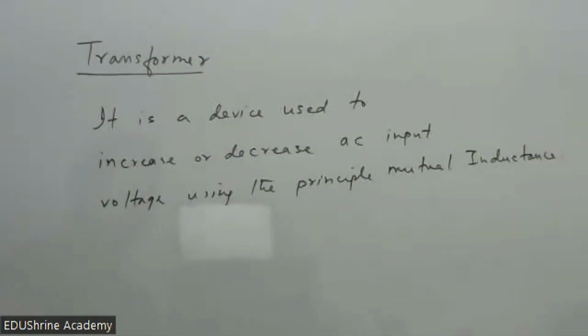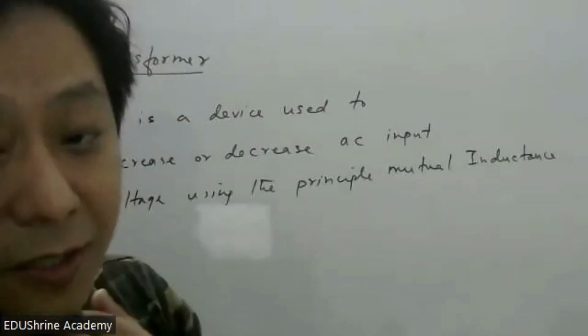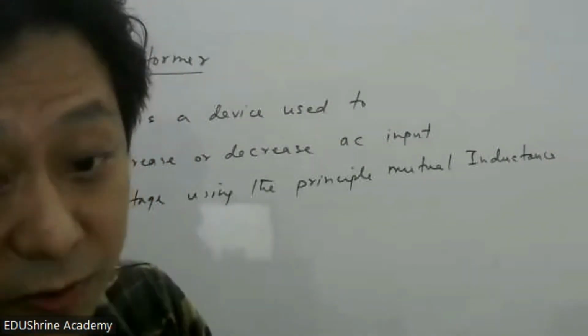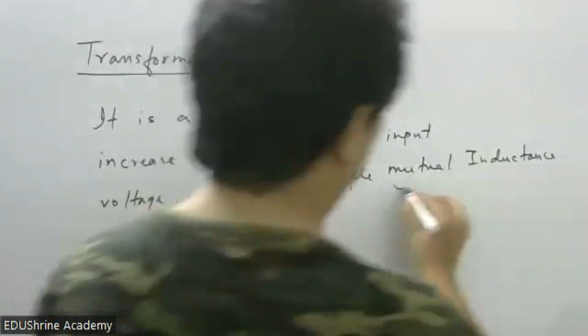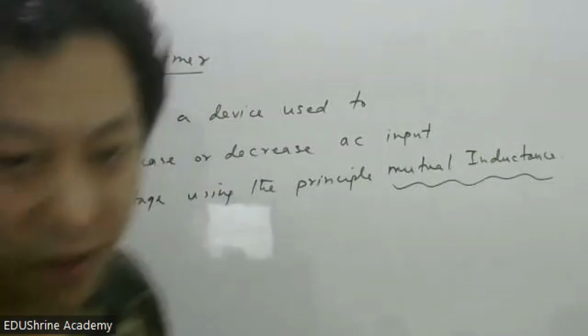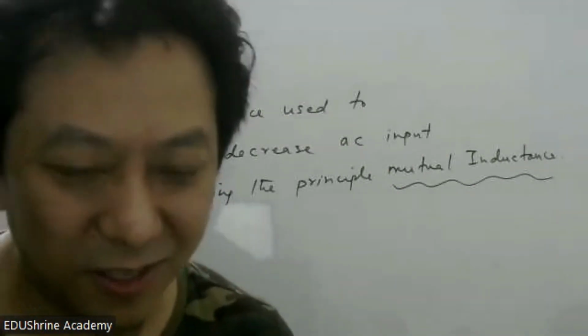So here I have given you the definition of the transformer, and also one more definition. They will ask on what principle the transformer works, and the answer is it works on the principle of mutual inductance. Faraday's law also we can write, Nikhil, but better to write mutual inductance for the board exam.